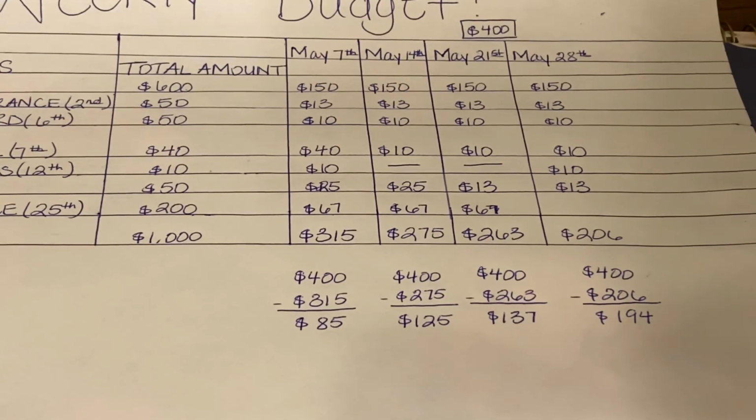Because if you're left with $85 on May 7th, then you're not going to be able to take out a whole lot of sinking funds for May 7th because you don't have anything. So this shows us how much we have and what we're working with for our sinking funds, and we can base that off of what we're going to take out for each week.